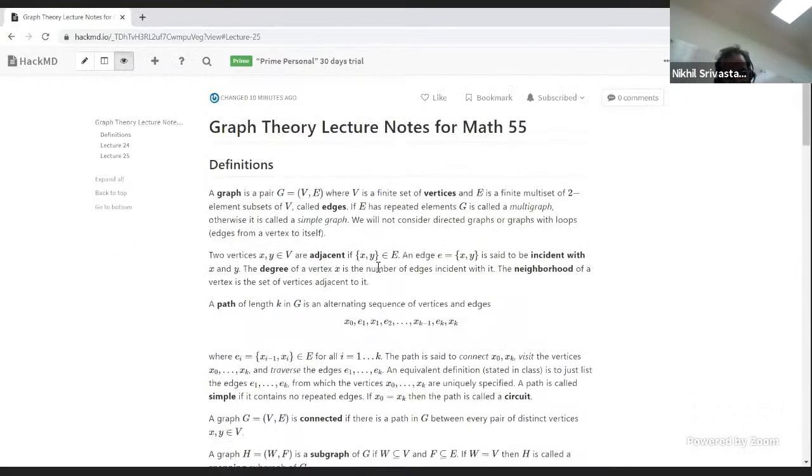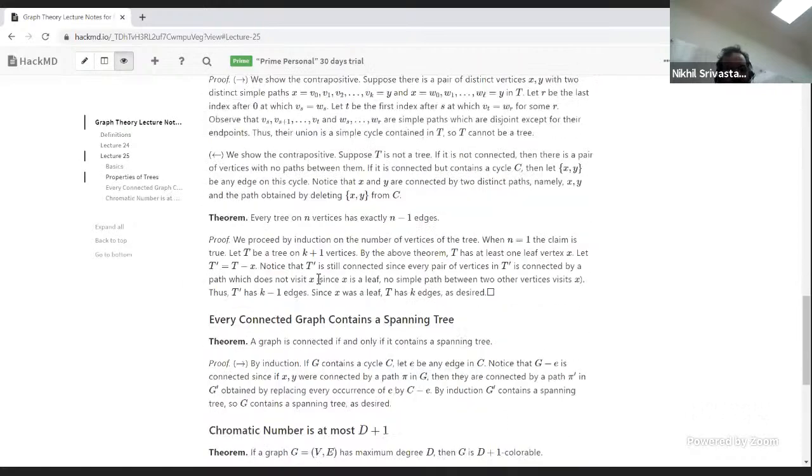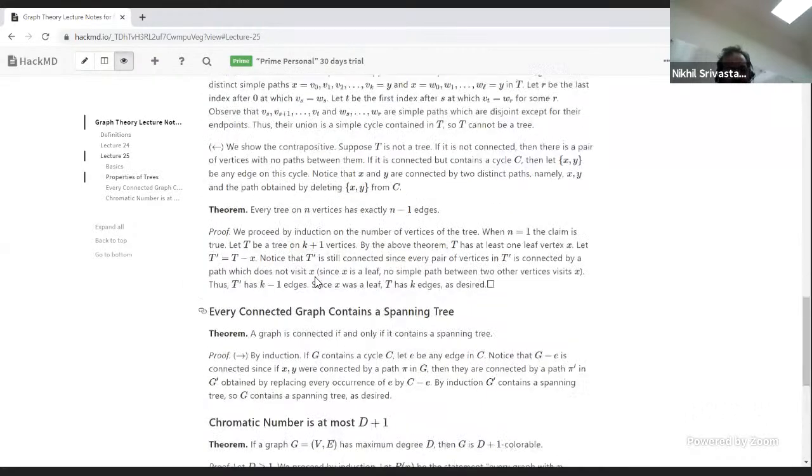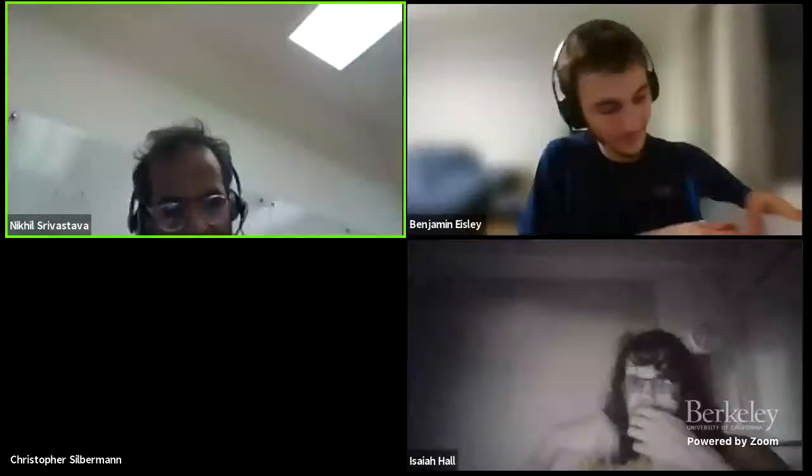So I've started typing them up, and there'll be a link to this on bCourses. So you can just use this instead of the textbook. These are concise notes that have all the definitions that you need, and it will also have all the theorems that we prove. So importantly, you can just focus on understanding the lecture because of this, and use this as a reading.